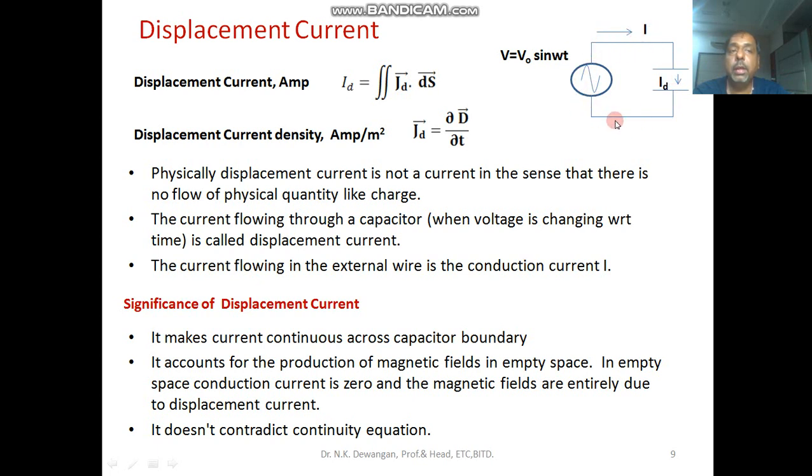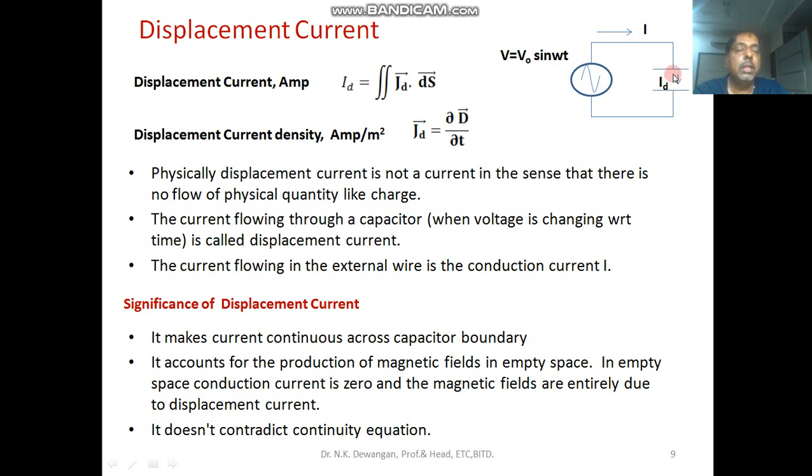Then how is it possible? This is possible because displacement current ID, equivalent to conduction current, flows inside this capacitor. Its nature is different from conduction current. This current is called displacement current that will flow inside the capacitor.